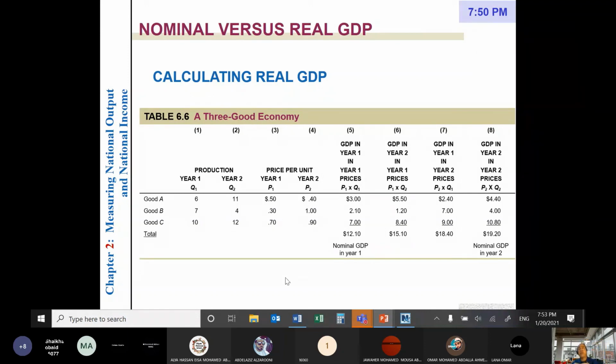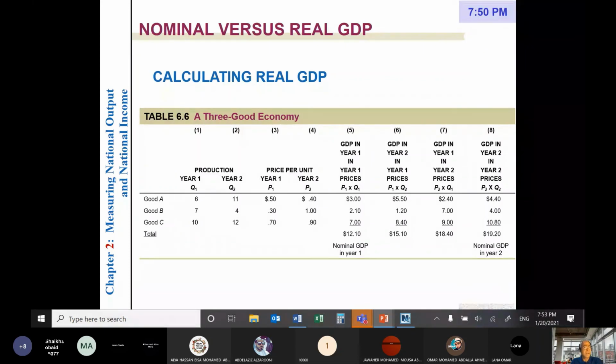So I need to calculate real GDP in a way that freezes the prices. So see here the question. Calculate real GDP in year 2, again, calculate real GDP in year 2 using year 1 as a base year.